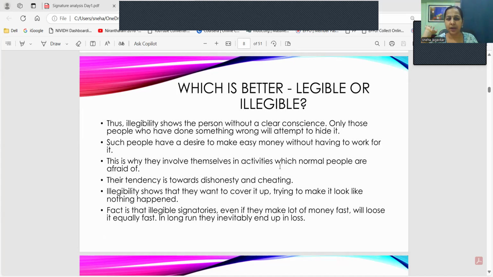Again, they take the money and use it for their benefit only. They will not use it for the betterment of society or anything. So that's wrong again.